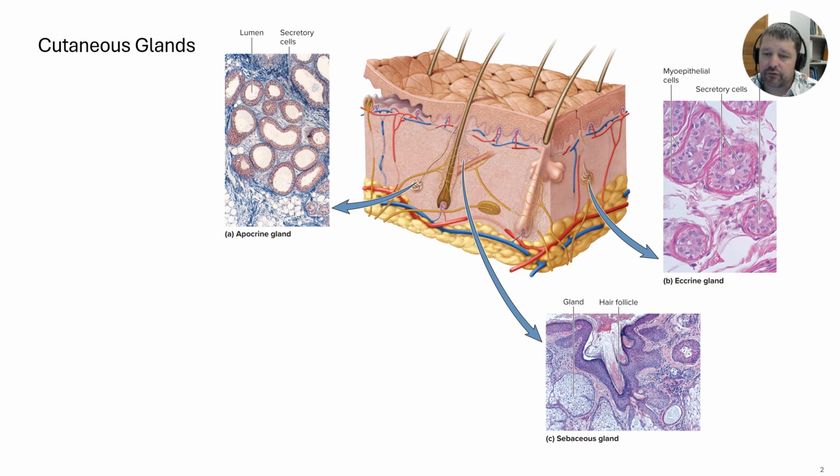Sebaceous glands are another type of gland. This is not a sweat gland, but it produces sebum, an oil-like substance, and it occurs at the base or along the hair follicle. So all along here you'd see some sebaceous glands.